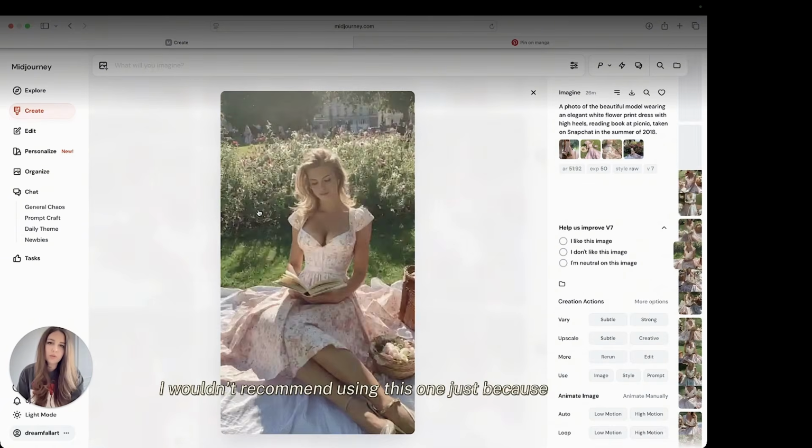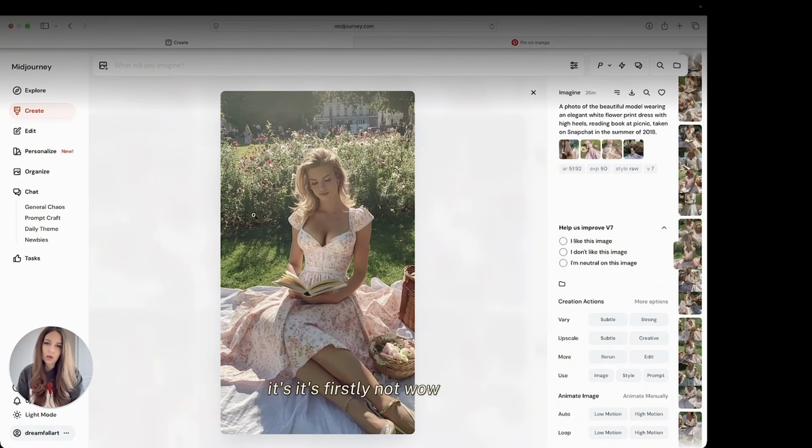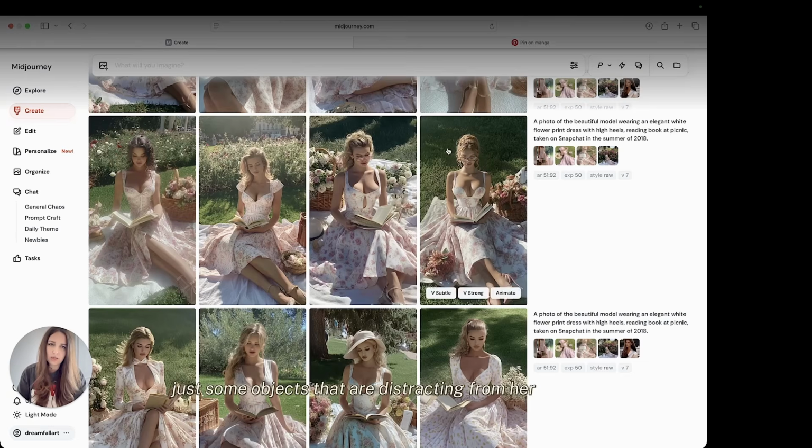And for example, I wouldn't recommend using this one just because it's firstly not wow, because the concept here is the sun behind her. It may look great, but in this case, it's not necessarily needed because we need all attention on her, how she reads, and it's literally just some objects that are distracting from her.